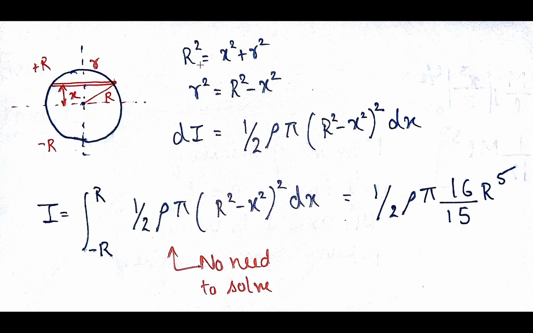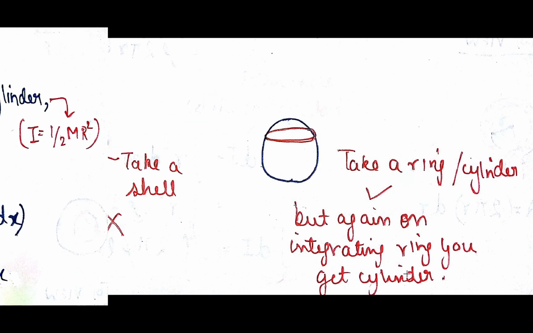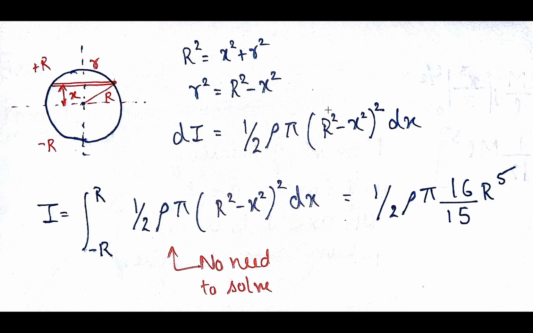If you convert it, you get R square equals x square plus small r square. Put it back, and you will get (R square minus x square) whole square. From this, r to the power 4 is now converted into this.